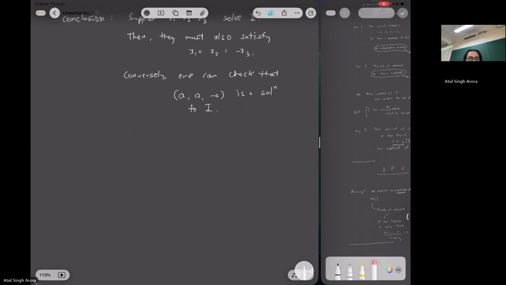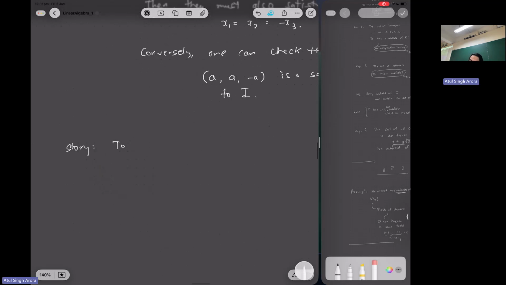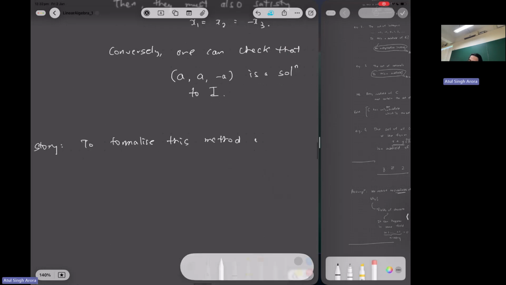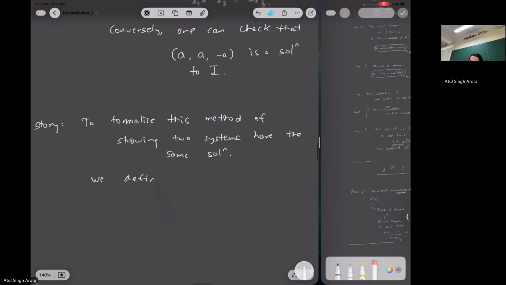Okay, so to do this, we're going to start with linear combinations of a system. To formalize this method of showing two systems have the same solution, we define linear combination.